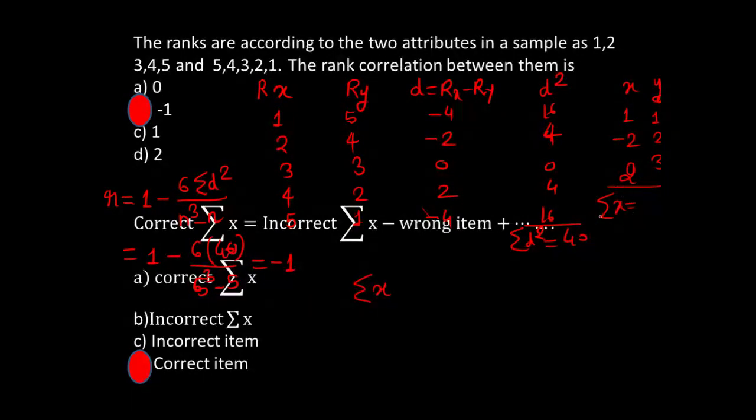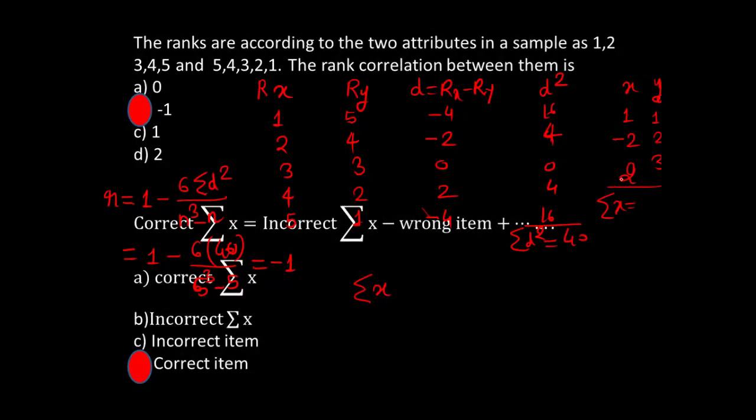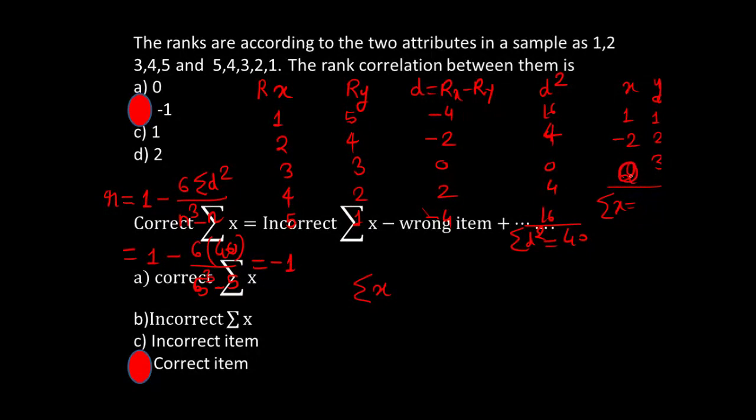This is my wrong sum. In order to get the correct sum, from this wrong sum I have to subtract the wrong data, that is minus 2, and then add the correct data, that is 0.